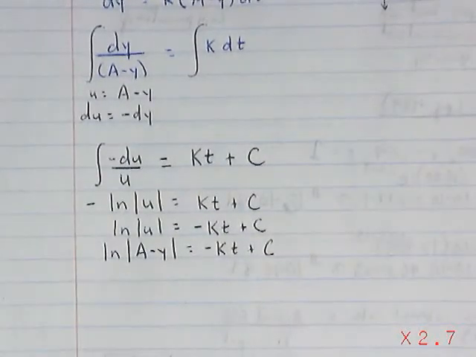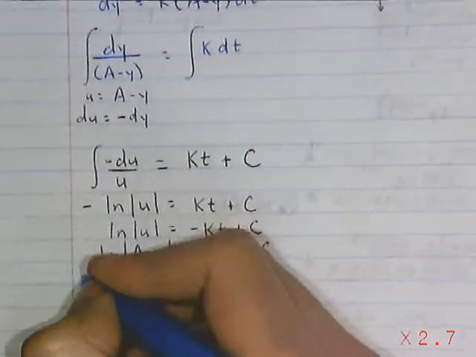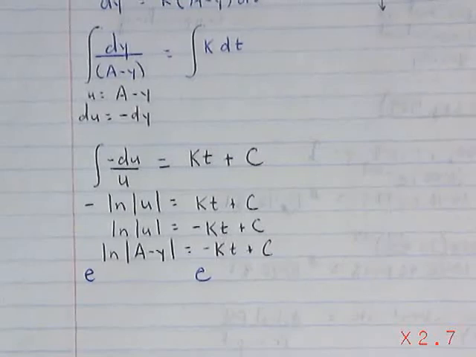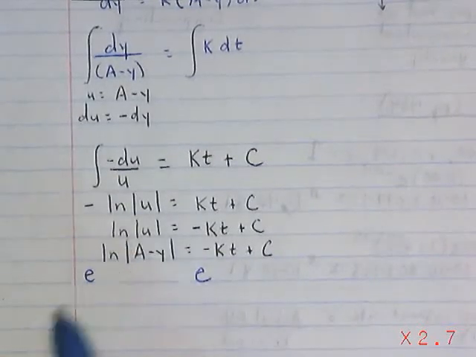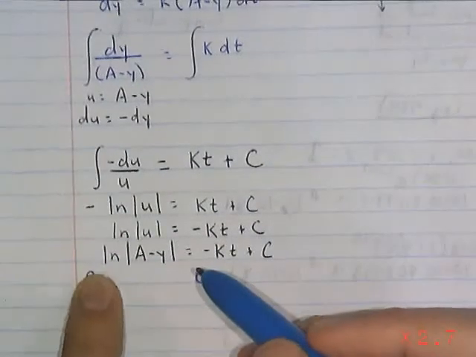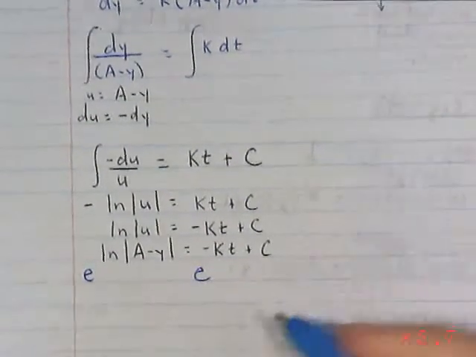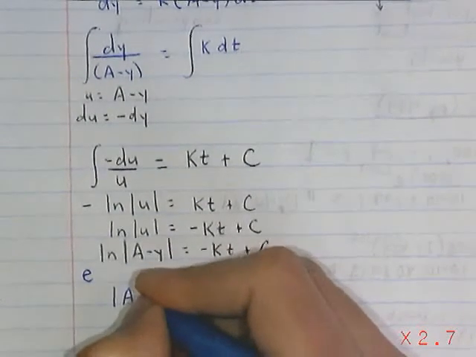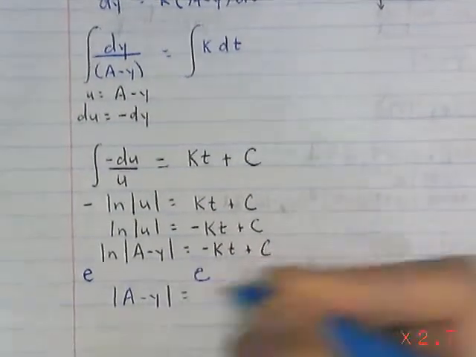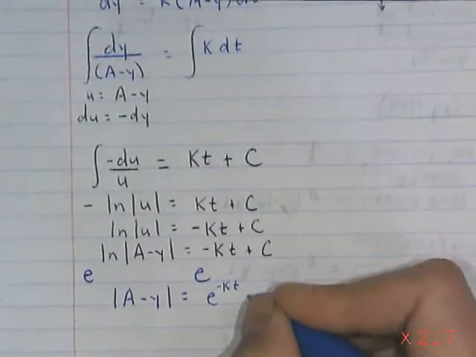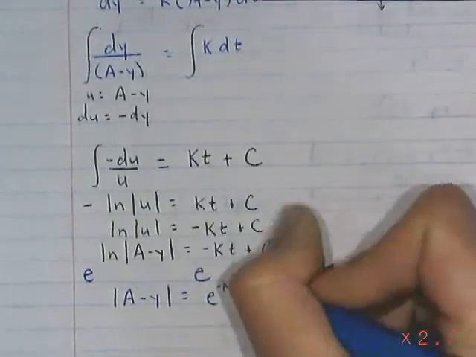And the way we're going to do that is by raising both sides as the exponent on e. On this side, we get that canceling out action with our inverse functions here. And so we end up with the absolute value of a minus y is equal to e to the negative kt times e to the c.